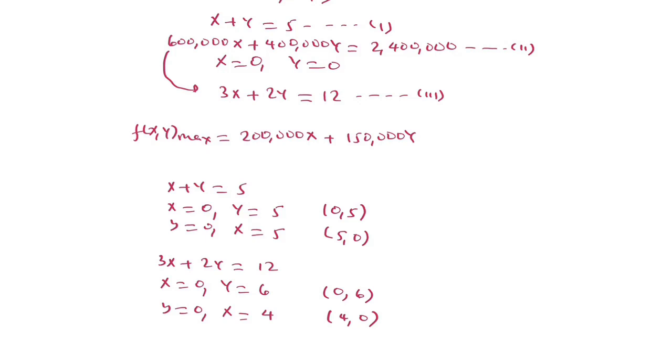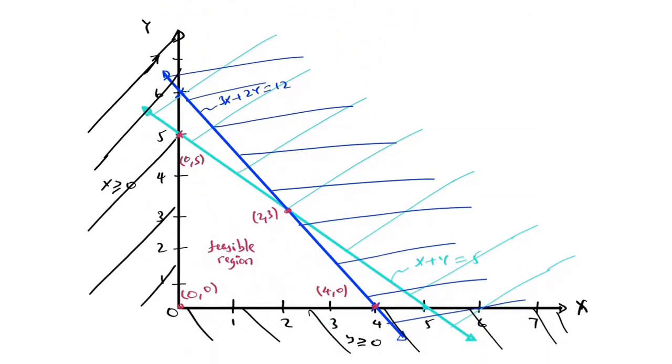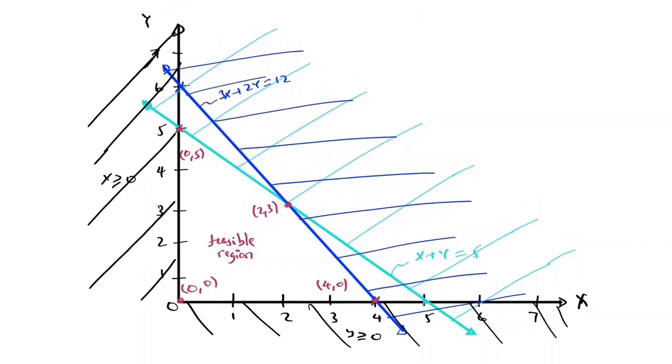Our final graph will look like this. From the graph, we can see that the corner points of the feasible region are (0, 0), (0, 5), (4, 0), and (2, 3).